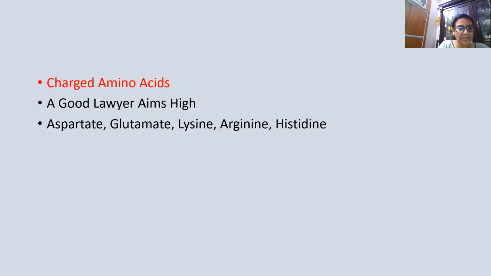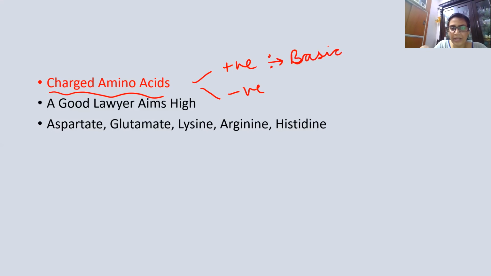Then comes charged. Now whether that charge is positive or whether that charge is negative. If they have a positive charge, they will be basic, or if they have a negative charge, they will be acidic. So as you can see, the mnemonic is a good lawyer aims high. Obviously, a good liar will aim high, try to get the maximum number of customers.